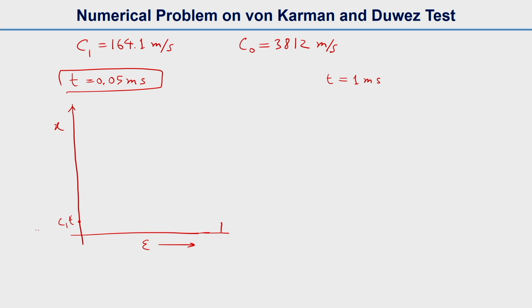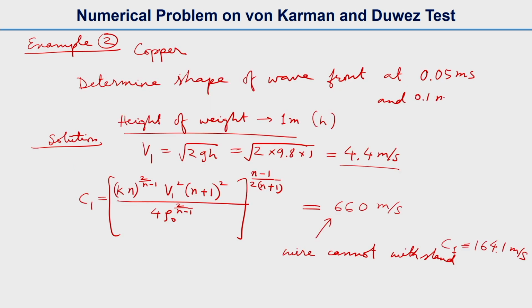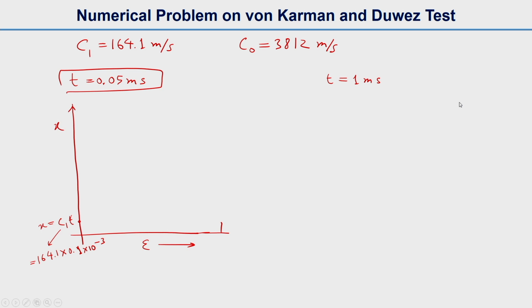So x equal to C1 t, which is 164.1 multiplied by 0.05 into 10 to the power minus 3. Sorry, I made a mistake here, it is 0.1 millisecond, not 1 millisecond. So this is 0.1 and this is 0.05 millisecond. Okay, that's correct now.